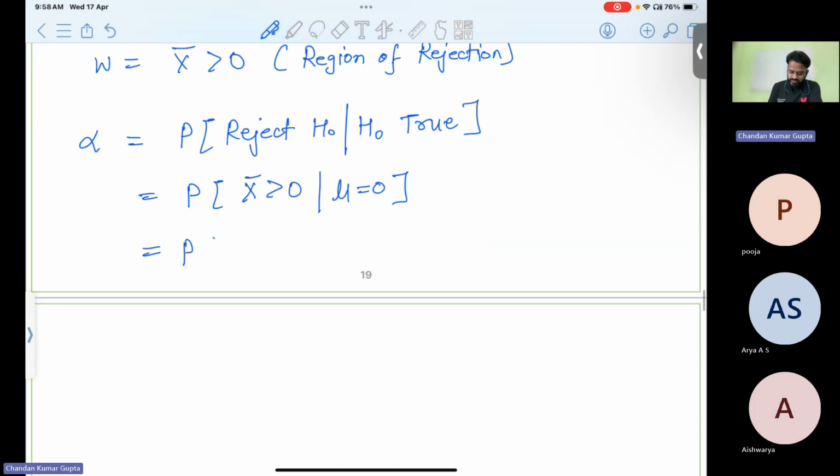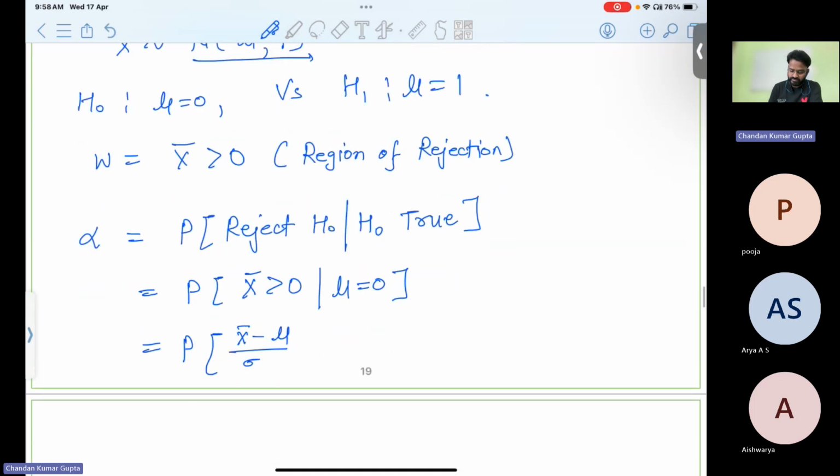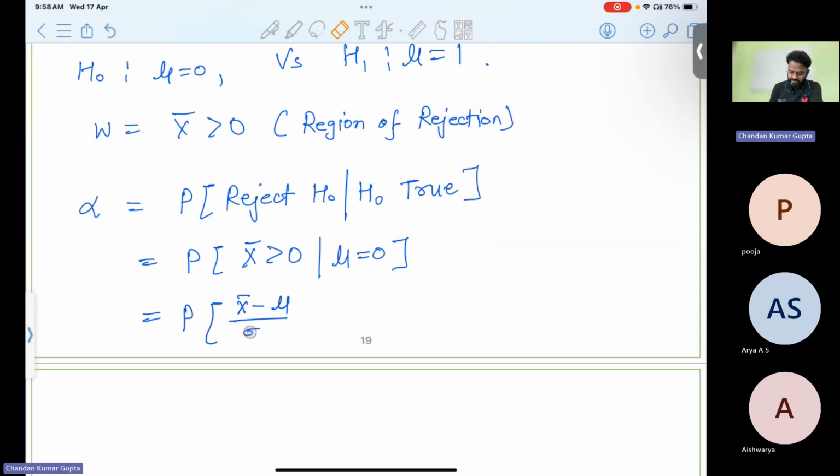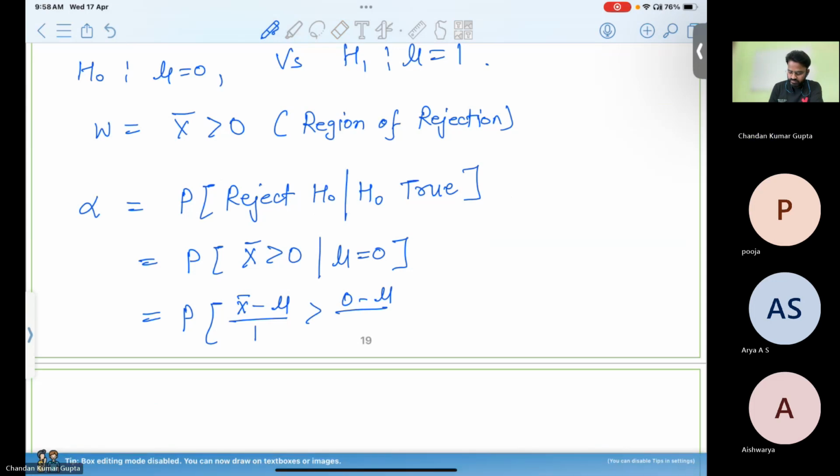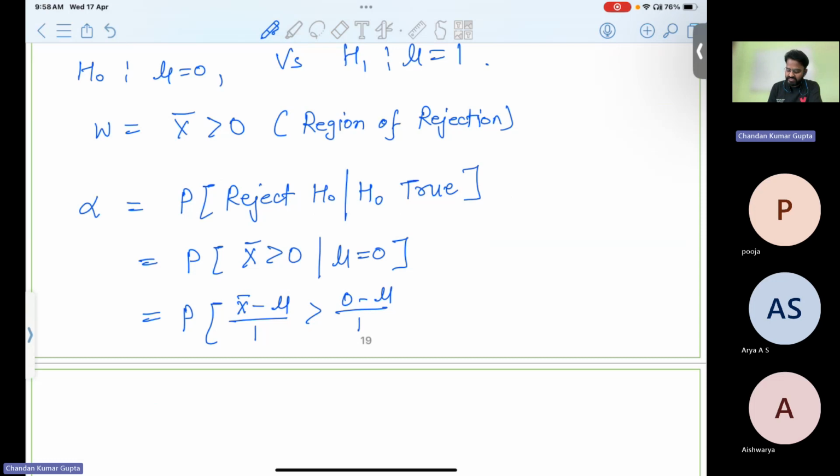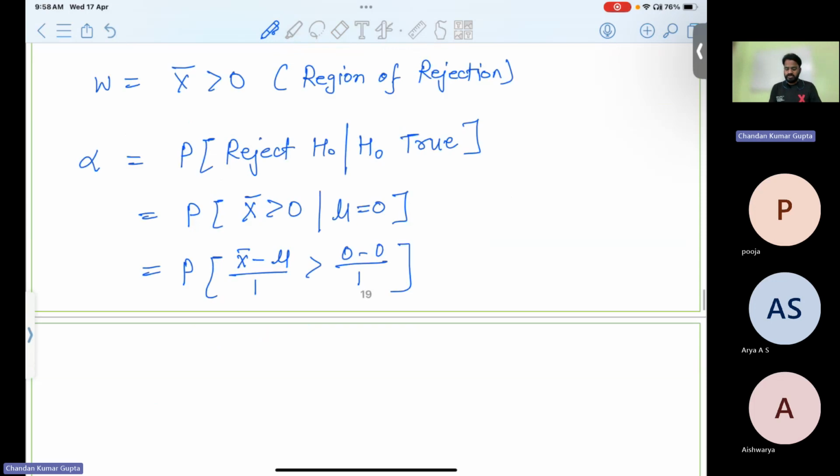So that means X bar minus mu upon sigma, the sigma is here 1, is greater than 0 minus mu upon 1, at mu equal to 0. We need to calculate this.